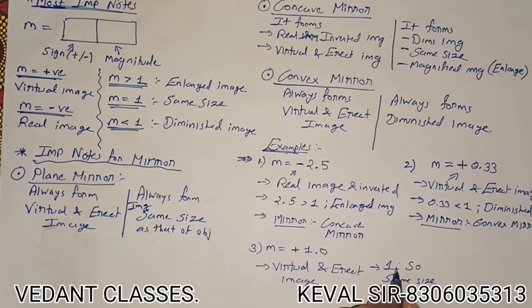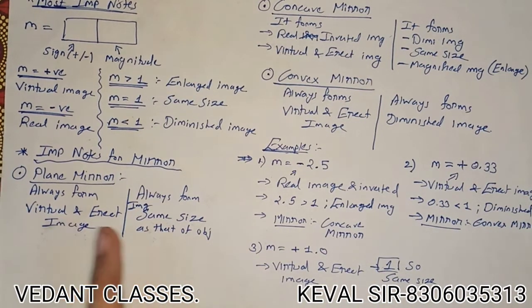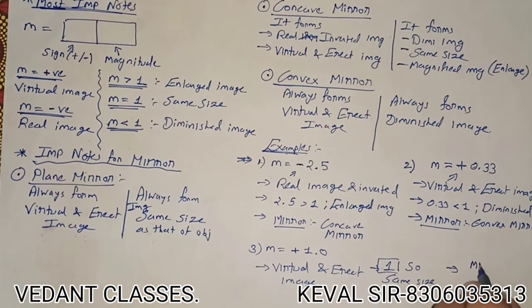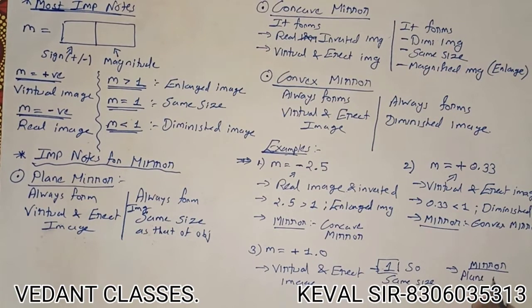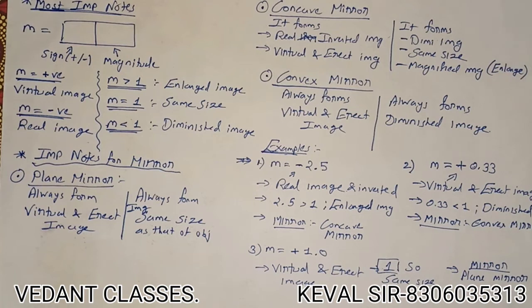If the value of magnification is 1, then it will be same size image. Now virtual, erect and same size, so it will be a plane mirror. So this is all about the sign conventions, mirror formula, magnification, and the most important notes regarding the magnification. So take a screenshot of this.